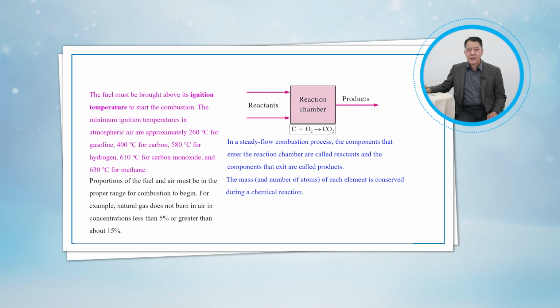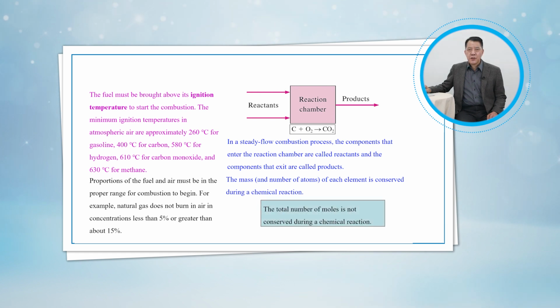The total mass of each element is conserved during a chemical reaction. The total number of moles is not conserved during a chemical reaction.